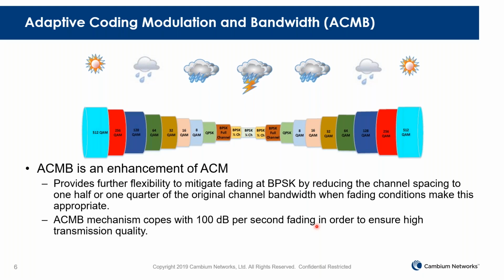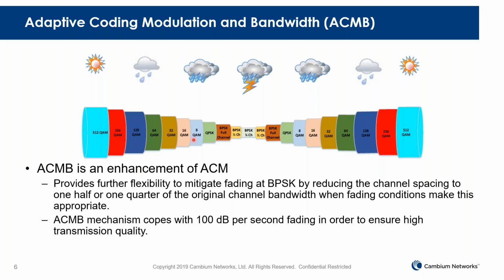When the modulation goes down, you gain not only a receive sensitivity improvement, but also a transmit power improvement. So on both sides, you get more system margin, more link budget, to sustain the link. One of the things we added in the 850E is adaptive bandwidth as well.